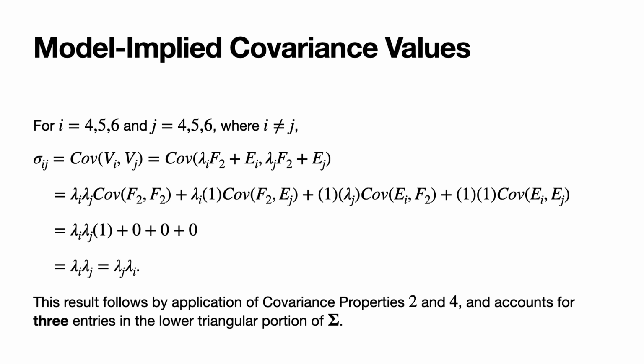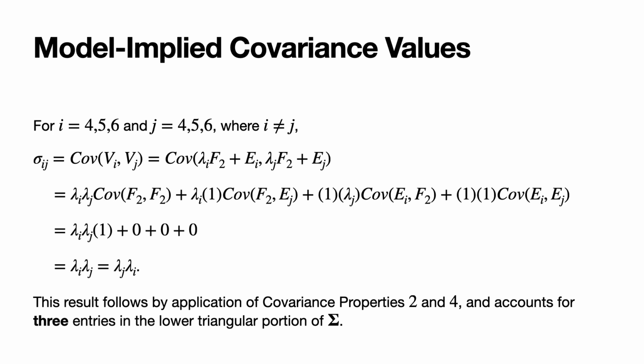This simplifies to lambda i times lambda j times 1, where again 1 is the covariance of f2 with itself, which is the variance of f2 and has been set to 1. And the rest of the terms are equal to 0 because of the assumptions about the various covariances in those terms. So this is equal to lambda i times lambda j, which is also equal to lambda j times lambda i.